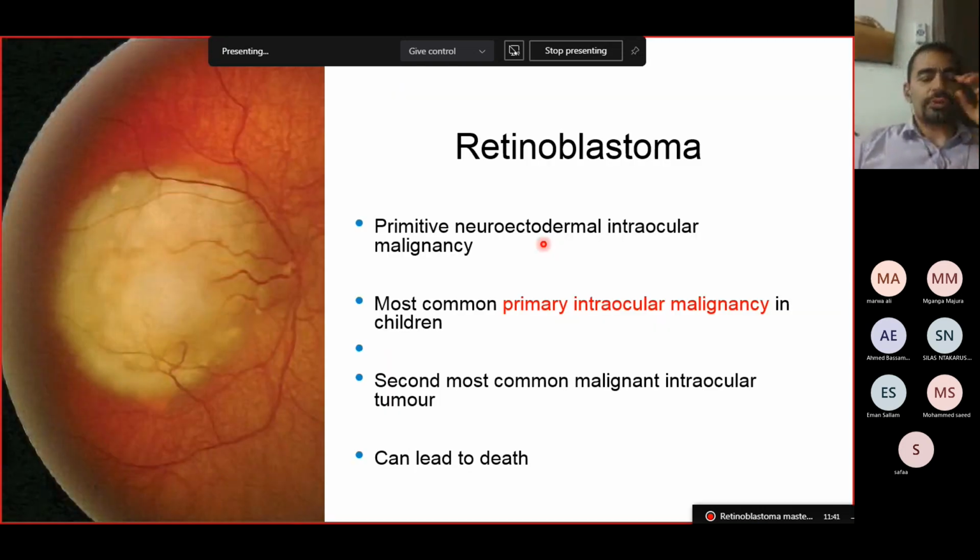Okay, so retinoblastoma is the most common primary intraocular malignancy in children. Those who are working with children know that the most common malignancy to find in the eyes of those children is retinoblastoma. It's a tumor coming from the primitive intraocular neuroectodermal cells.